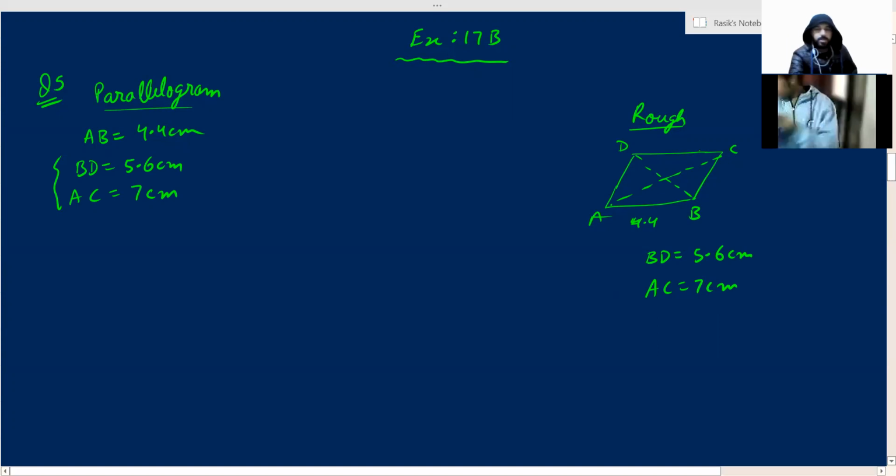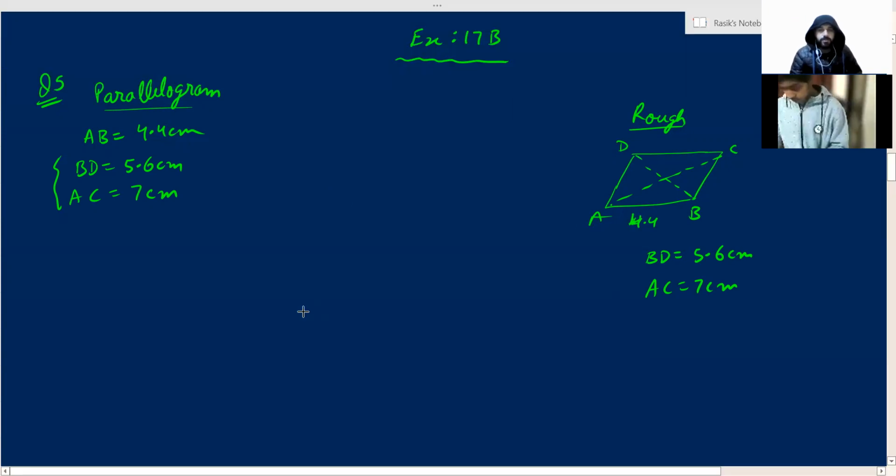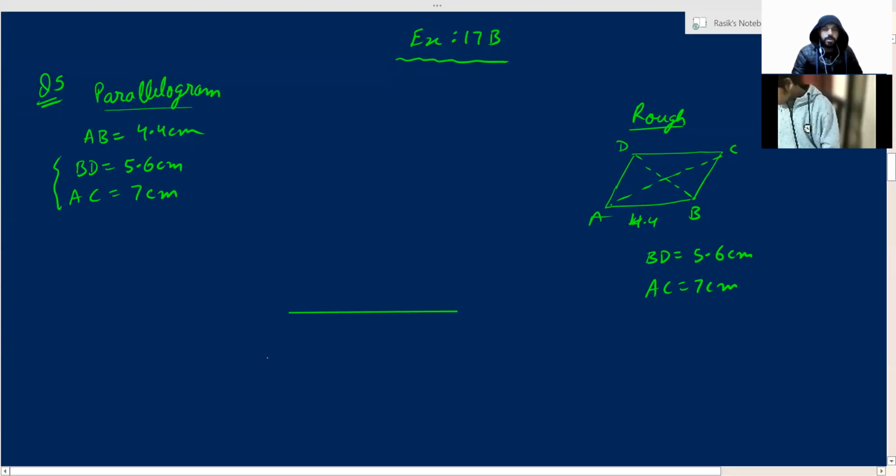Okay, can we start? All of you ready? Just be a little quick in doing the construction. First of all, draw a line segment AB of length 4.4 centimeters. Draw a neat and clean figure. We are going to use the properties of a parallelogram.